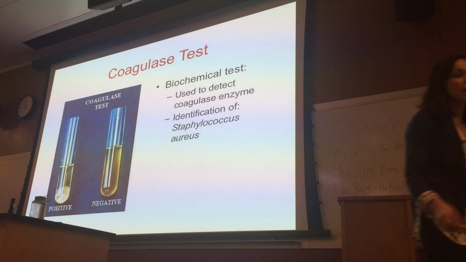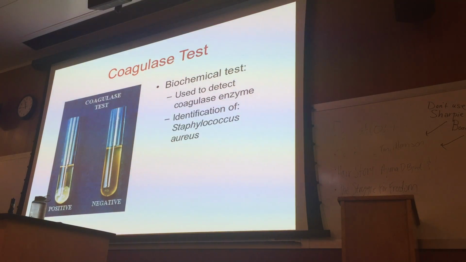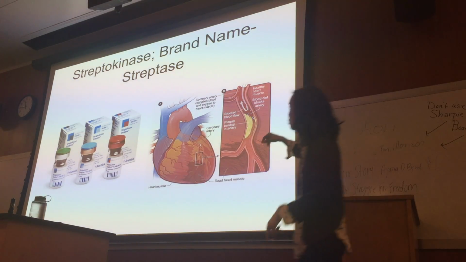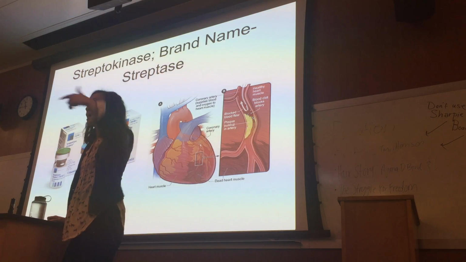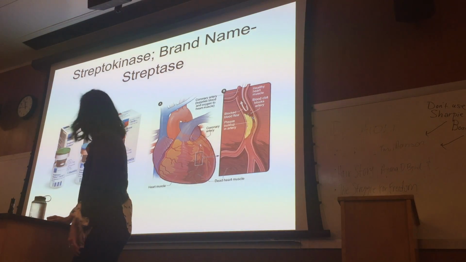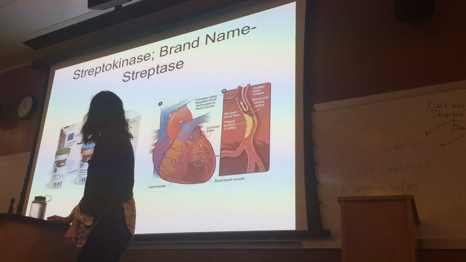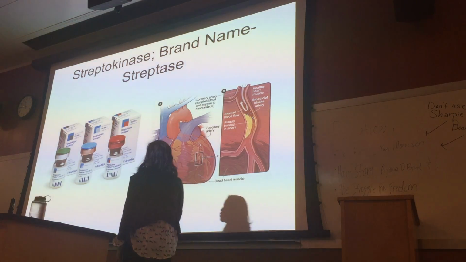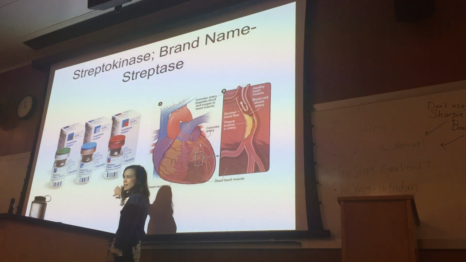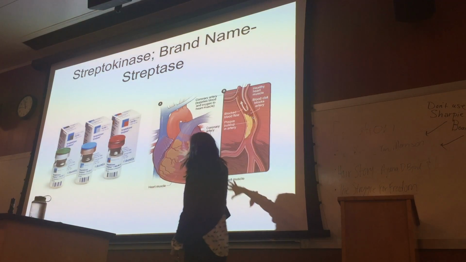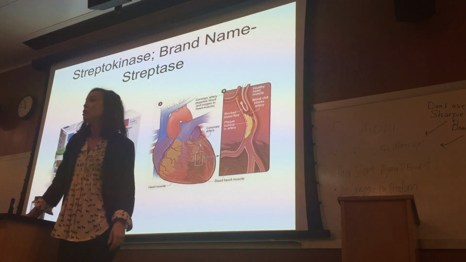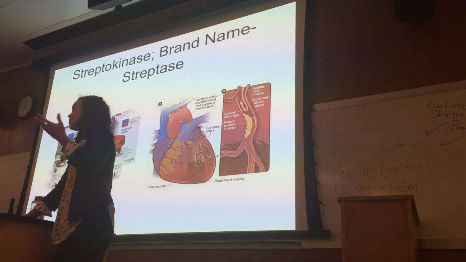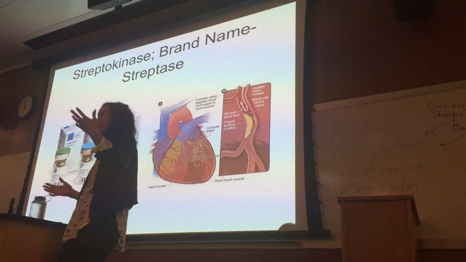What's interesting is we found a way to commercialize some of these extracellular enzymes. We mentioned the kinases, since kinases break down blood clots. They've actually found a way to commercialize the kinases, and they have them here in vials as a way of breaking down clots in us. So we use that to our advantage.